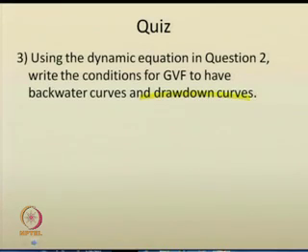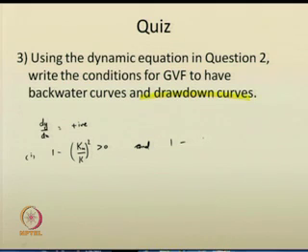Using the dynamic equation in question 2, write the conditions for gradually varied flow to have backwater curves. In that equation, for backwater curves to exist, your dy by dx has to be positive. The first condition we suggested was that 1 minus k n by k whole squared should be greater than 0 and 1 minus z c by z whole squared should be greater than 0.